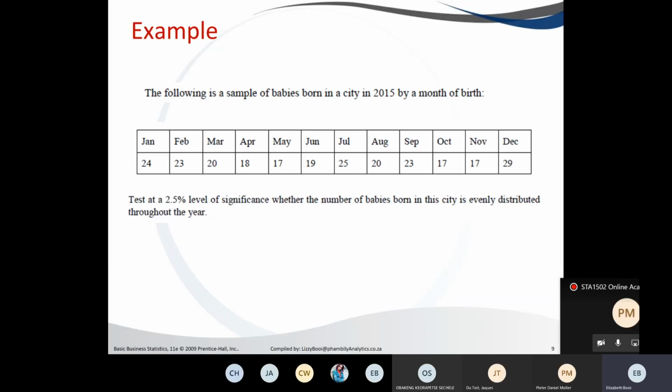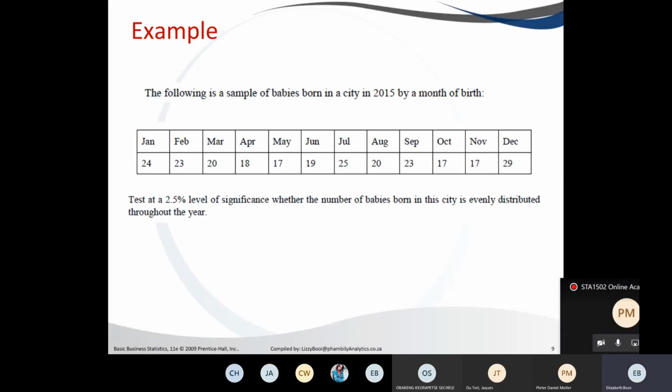Now we need to test at the 2.5 level of significance, which is our alpha value, whether the number of babies born in this city is evenly distributed throughout the year. So we want to know if this follows a chi-square distribution.